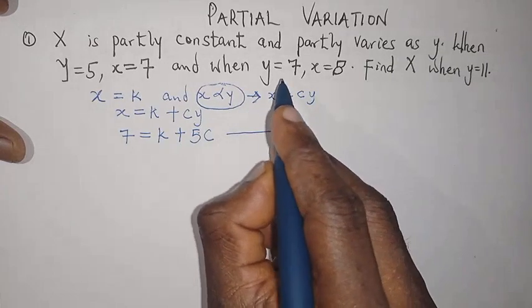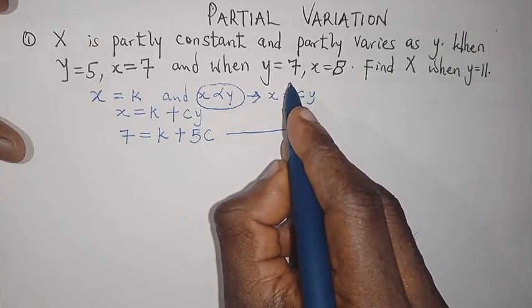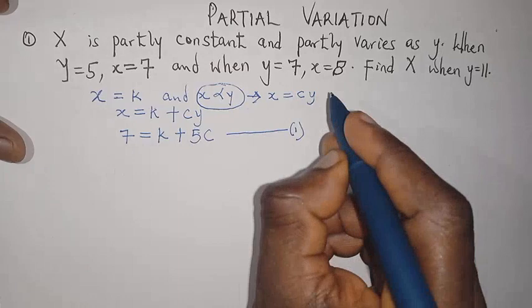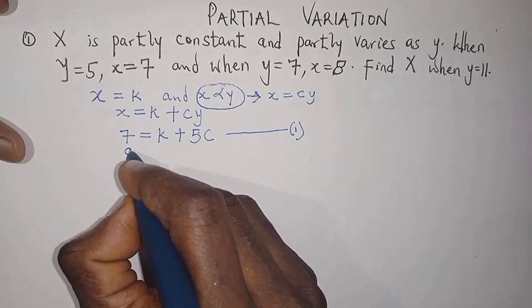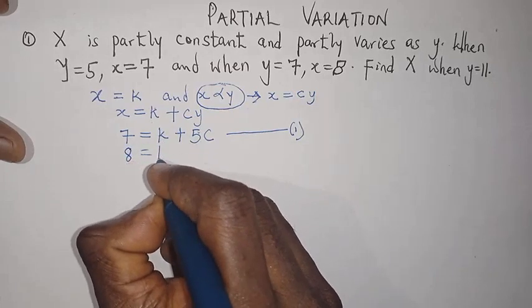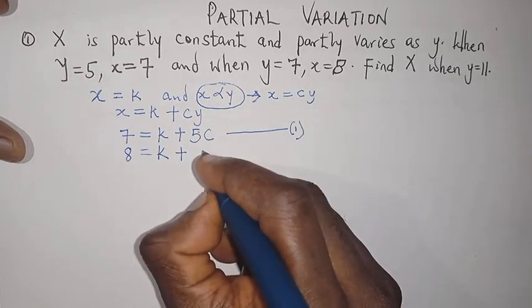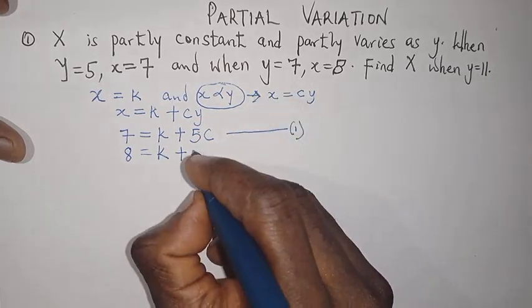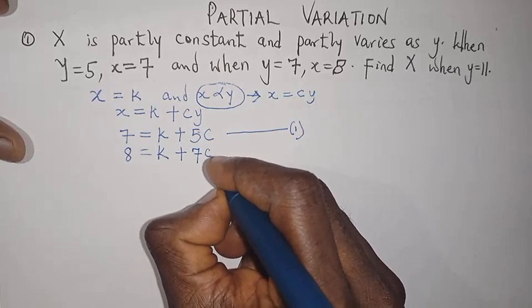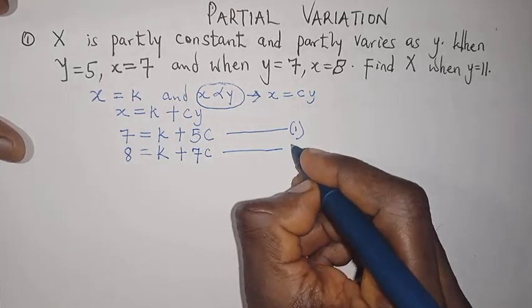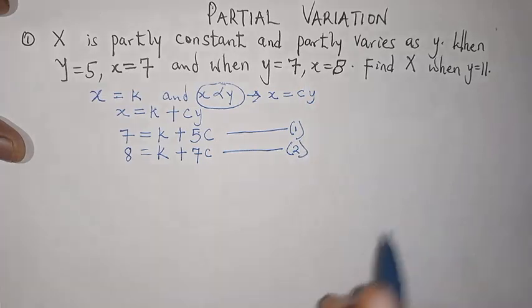Then the next one, they said when y is 7, x equals 8. So 8 equals k plus y equals 7, so 7c. And that is my equation 2.